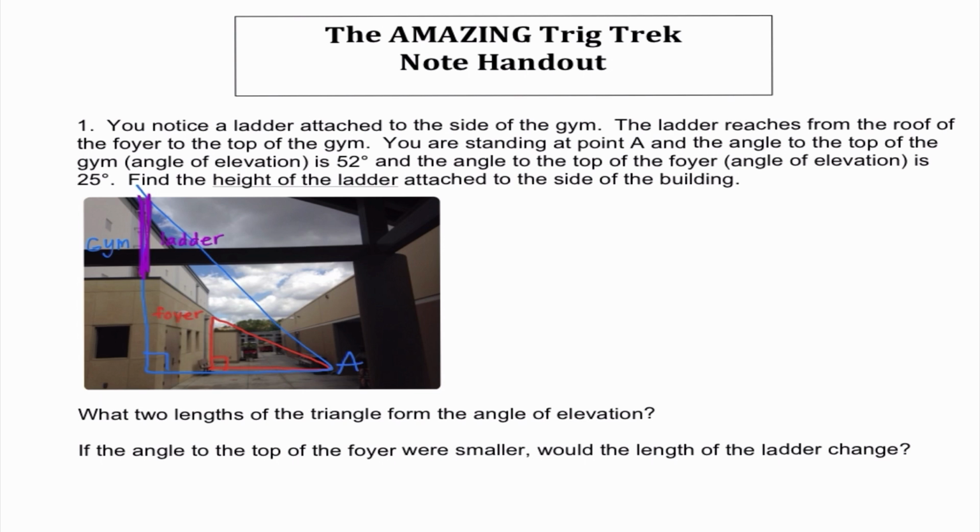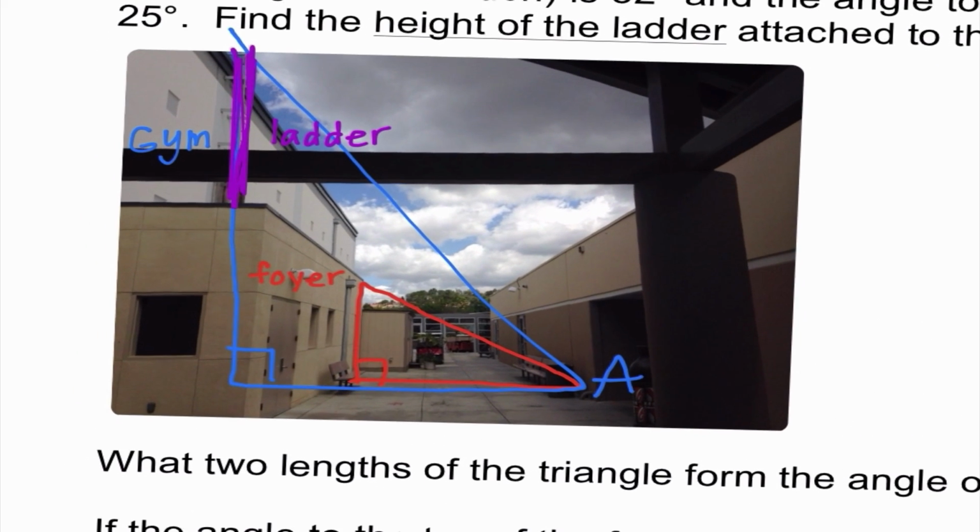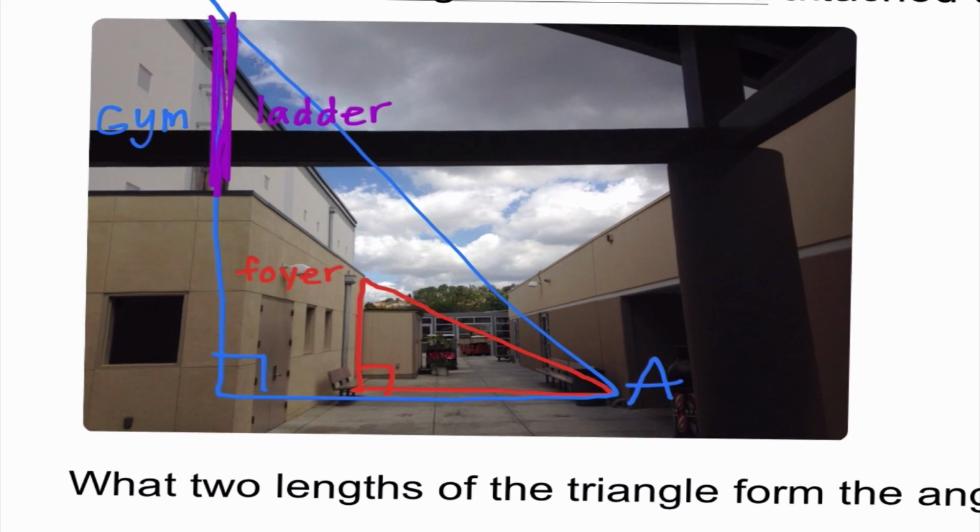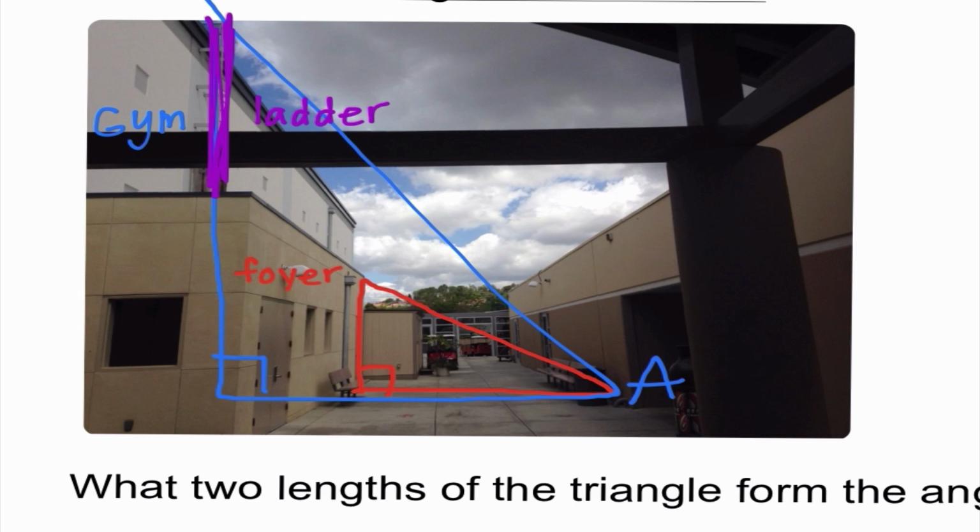And what I found was that the angle of elevation, which is a key term, is formed with the horizontal and the hypotenuse. And I'm going to zoom in here. This angle of elevation I found was 25 degrees. And the angle of elevation to the very top was 52 degrees.